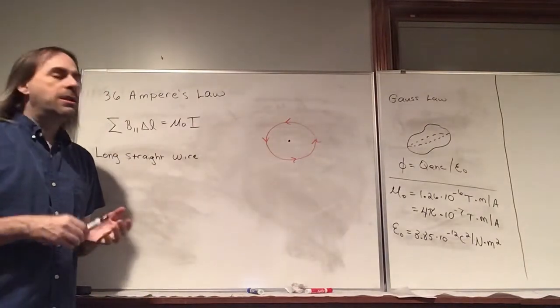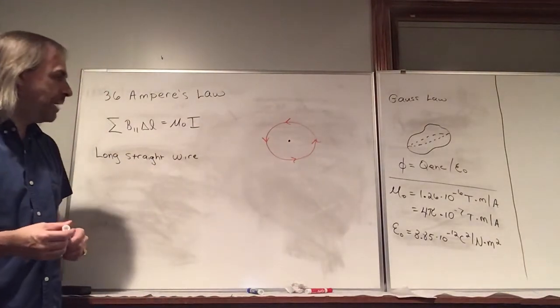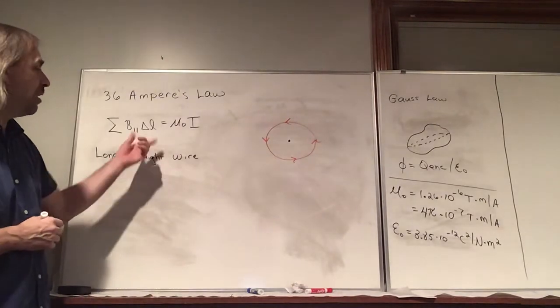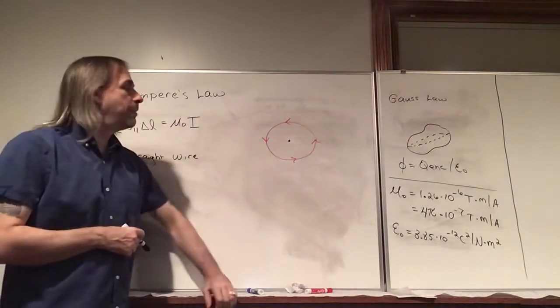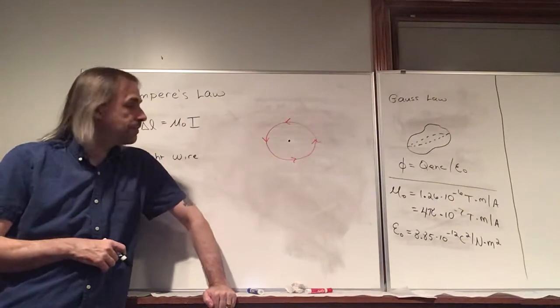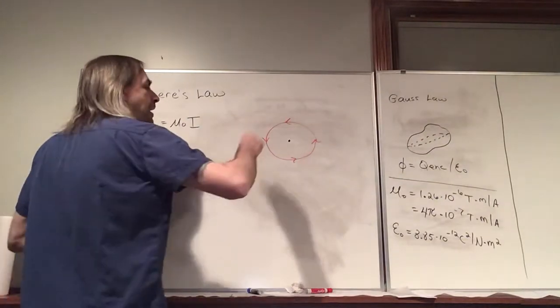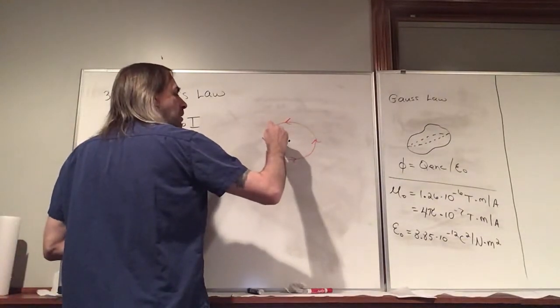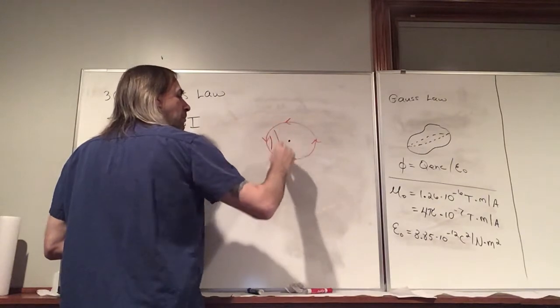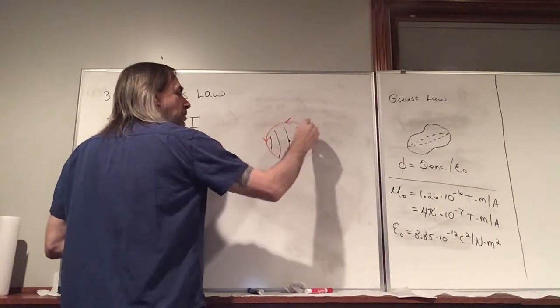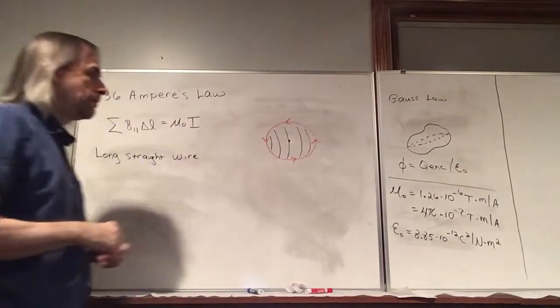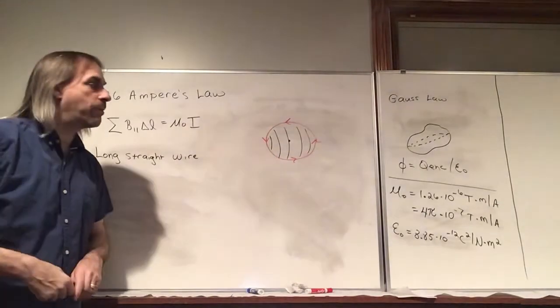Okay, so what we're going to do is let's pick our surface now. Remember, to use Ampere's law, we need some kind of a surface. So I'm going to draw a circular surface. Let's say this is our surface, and it's a circle with a radius r.